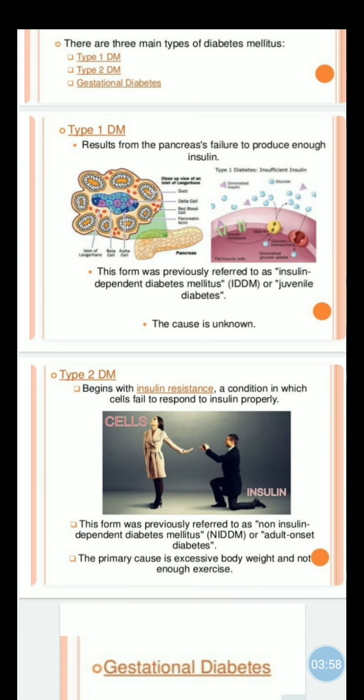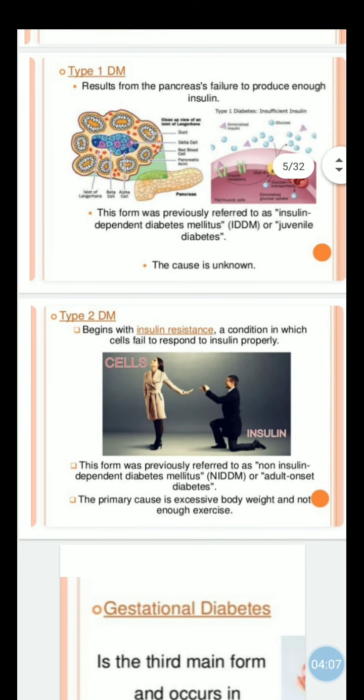I am repeating, it is also called IDDM, that is insulin dependent diabetes mellitus. The cause of this is unknown.